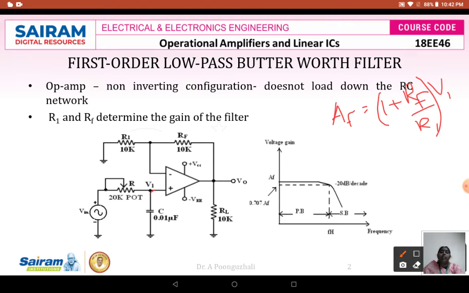So our requirement is this V0. The output voltage V0 is equivalent to the gain of the non-inverting amplifier, 1 plus RF by R1, into the input voltage V1.